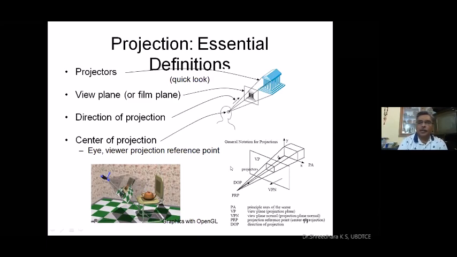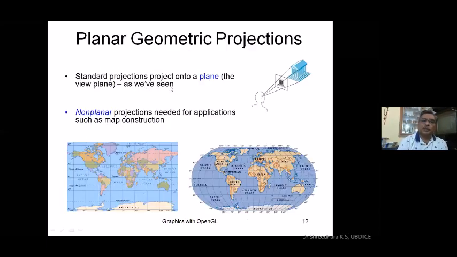Now we are creating the transformation matrix required in order to achieve this, for which we require a planar geometric projection. The standard projection is projected onto a plane, the viewing plane, and that is called planar.